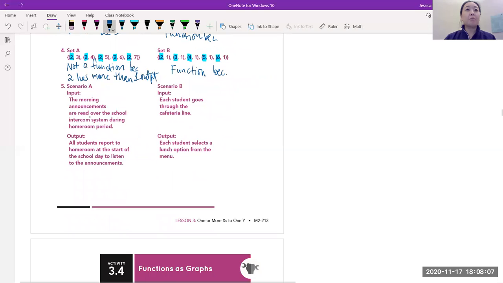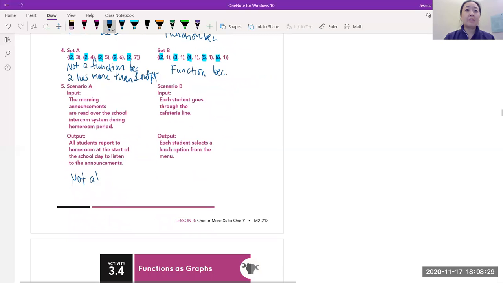All right, input, scenario A. The morning announcements are read over the intercom system during homeroom period. We haven't gotten that in a while, right? And the output is all students report to homeroom at the start of the school day to listen to the announcements. Yeah, so one input, many outputs, definitely not a function, right?